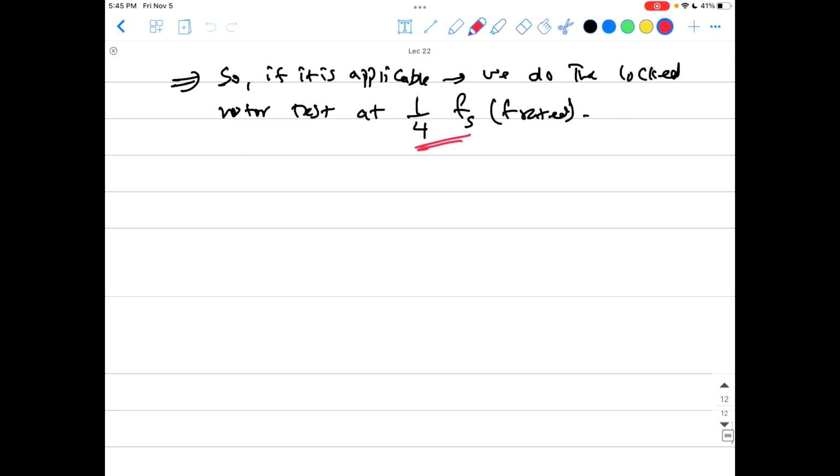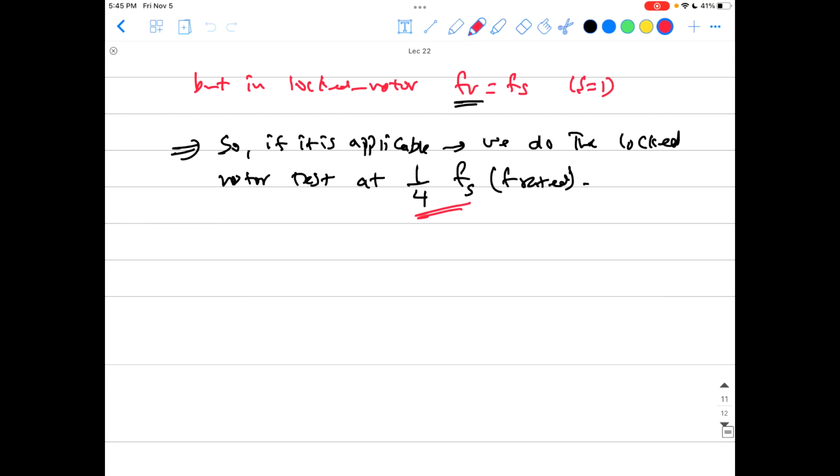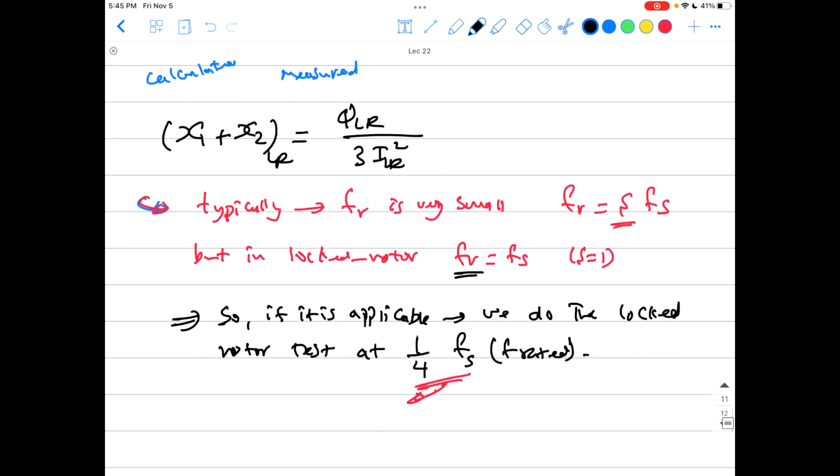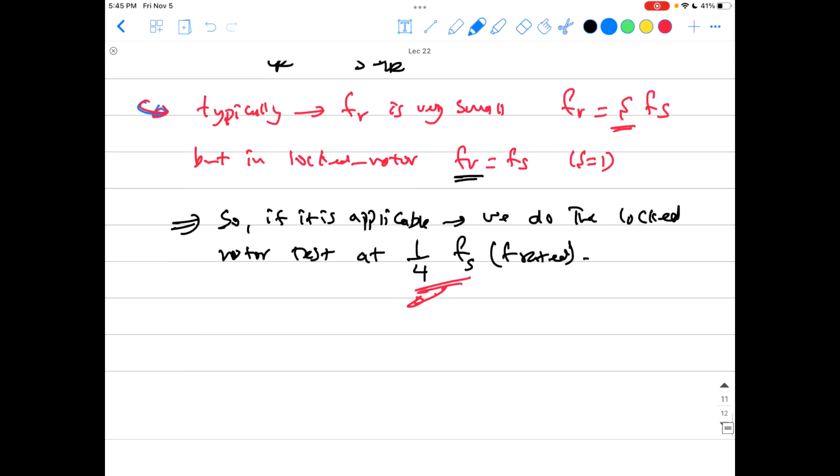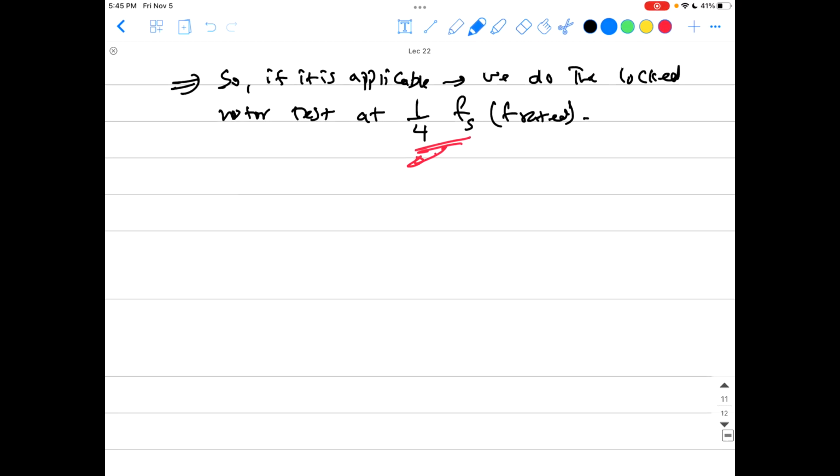It's much more accurate if you do it like that. So if you do it at 1/4 of the frequency, after you get X1 plus X2 from the locked rotor test, you need to find the actual ones.